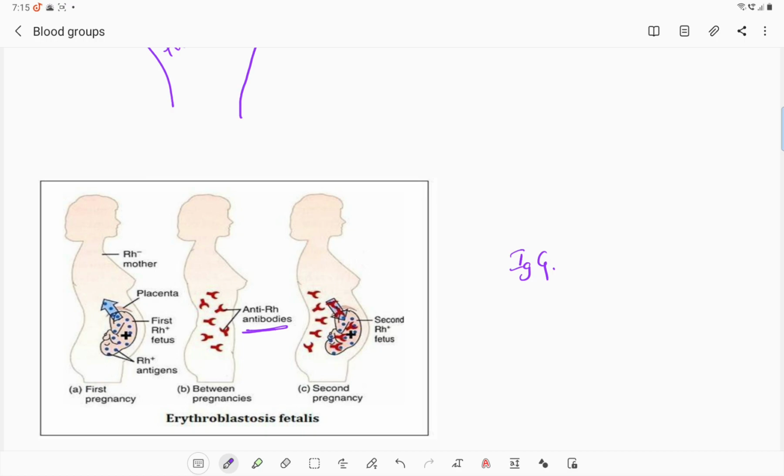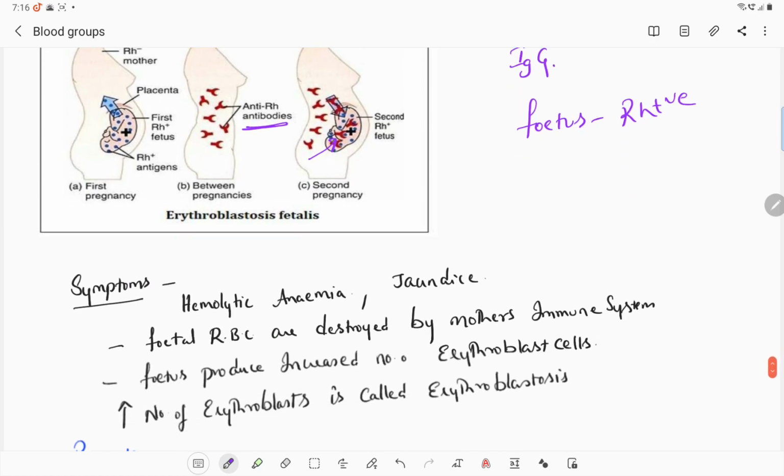So the first baby was safe. Then if the mother becomes pregnant a second time, and the fetus is Rh positive again, the already produced anti-Rh antibodies pass through the placenta, enter the fetus and destroy the fetal RBC.